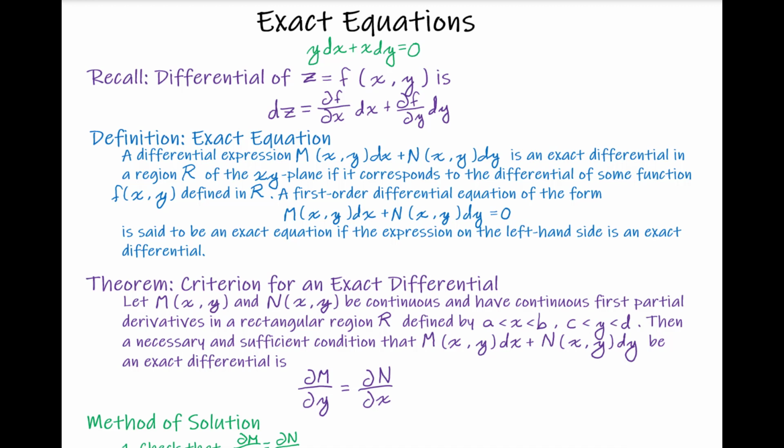Then a necessary and sufficient condition that M of x, y dx plus N of x, y dy be an exact differential is if we take the partial derivative of M with respect to y and the partial derivative of N with respect to x, and those two partial derivatives are equal to each other.